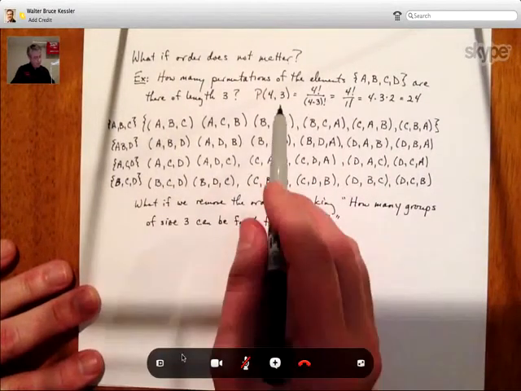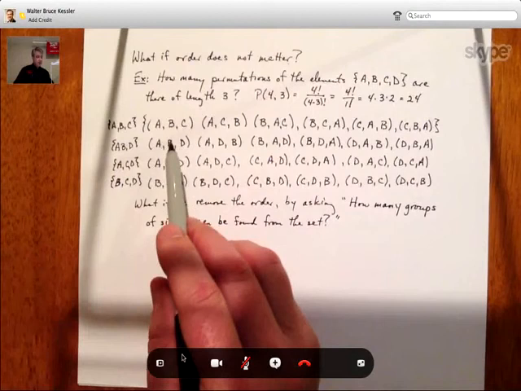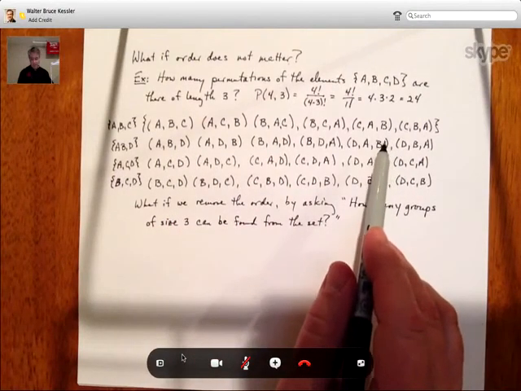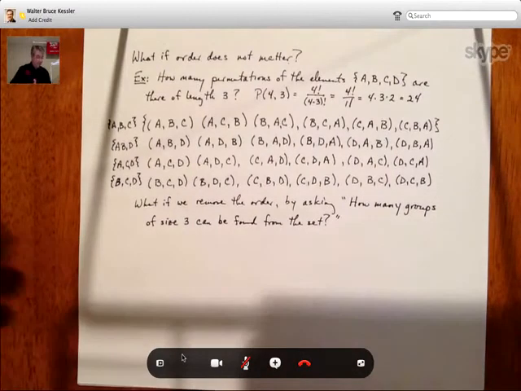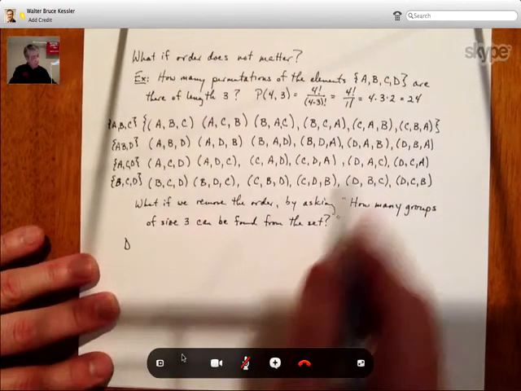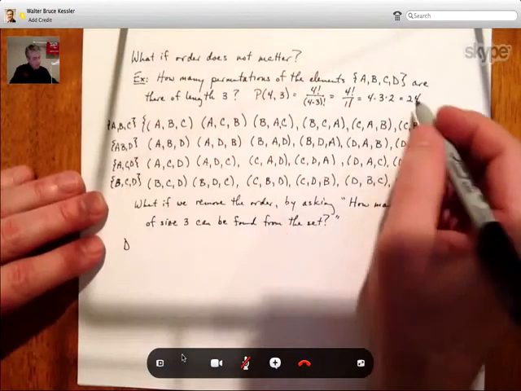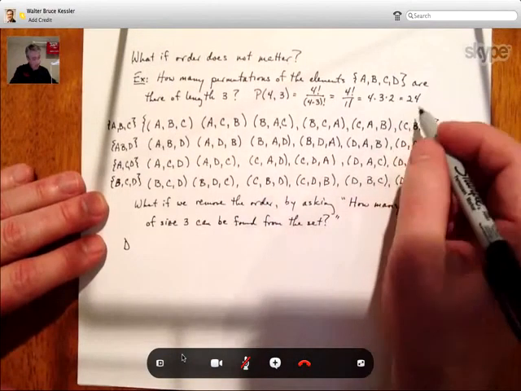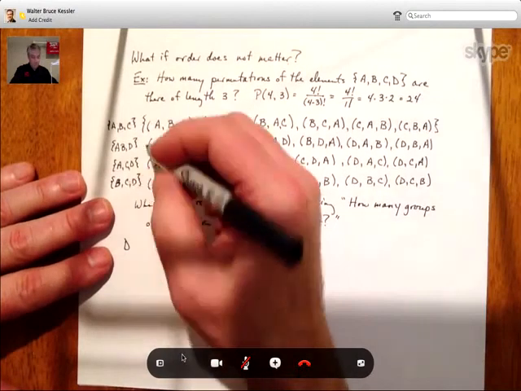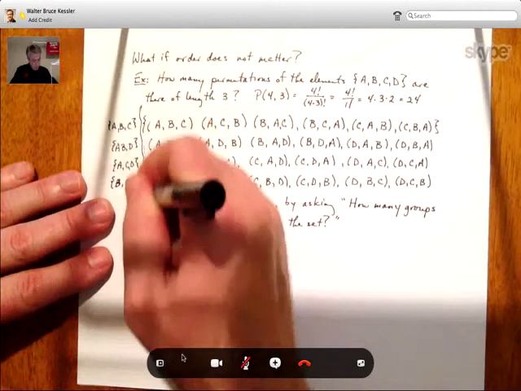Note that if I'm looking at something of length 3, there are 6 ways to arrange those 3 things. Okay. In fact, that's 3 factorial, right? And that leads us then to a counting technique called combinations. Okay. What I would have done to get this number is I would have divided by the 3 factorial, the 6. 24 divided by 6 gives me the 4.